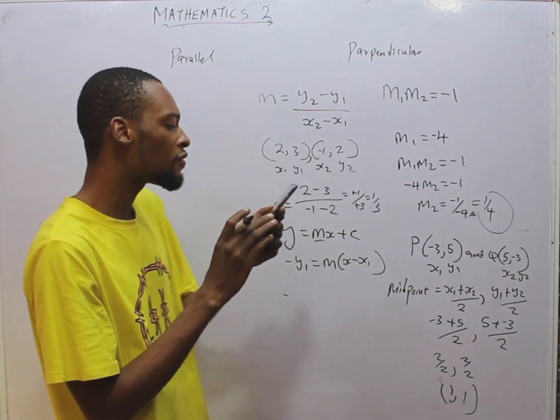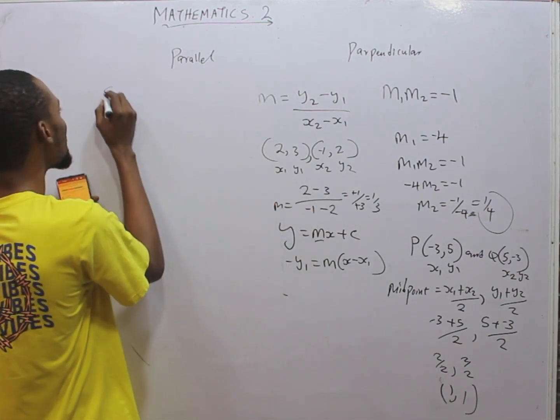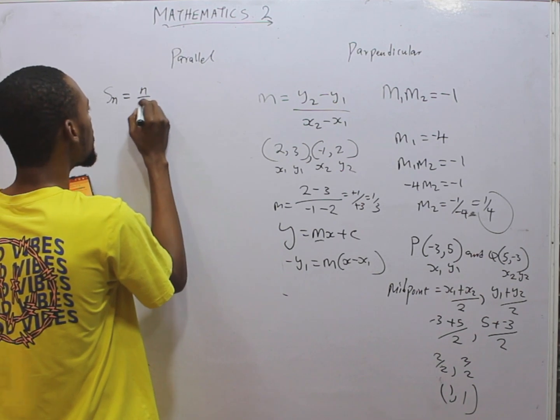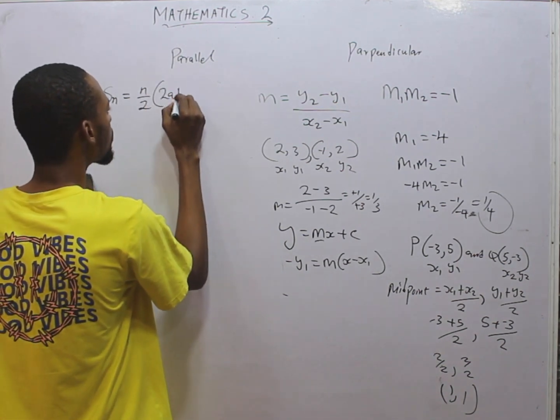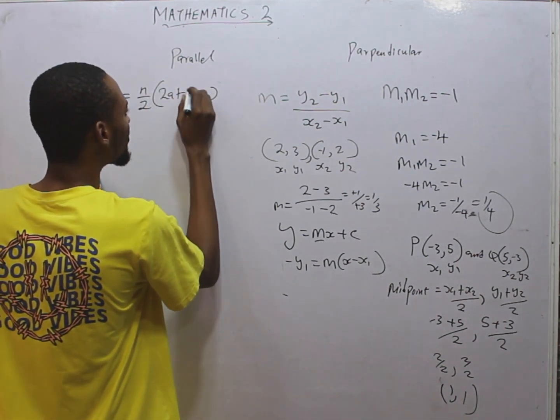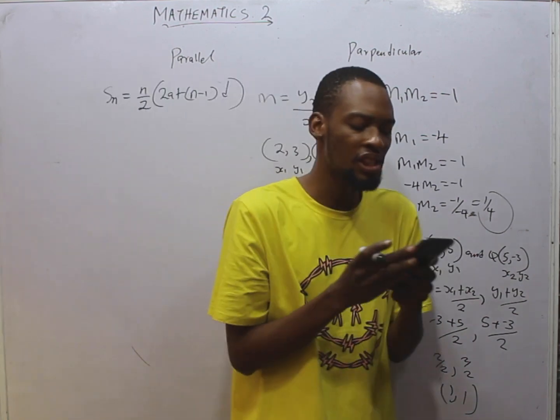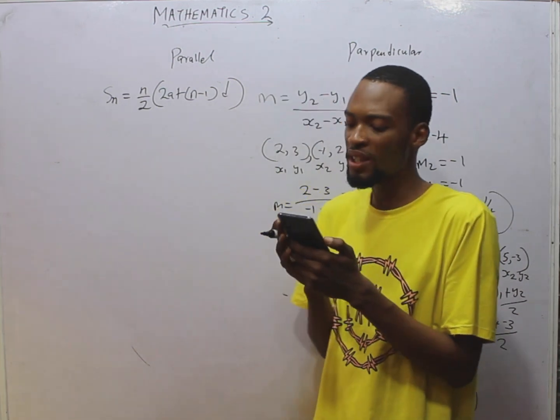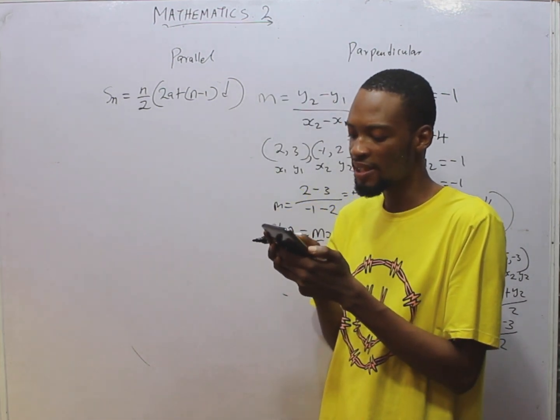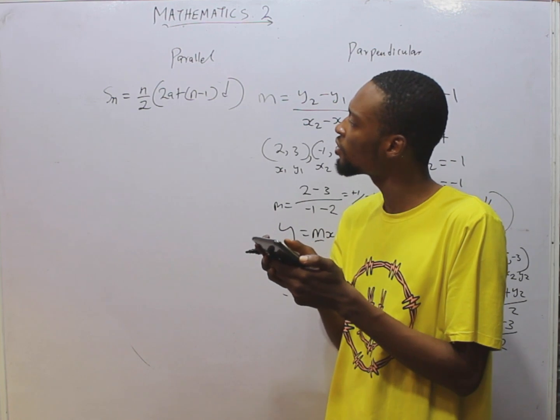And for sum of an AP, it is simply Sn is equals n over 2, 2a plus n minus 1 d. This is the formula for looking for sum of n terms in AP. What is a? A is the first term. It is 8. What is the common difference?